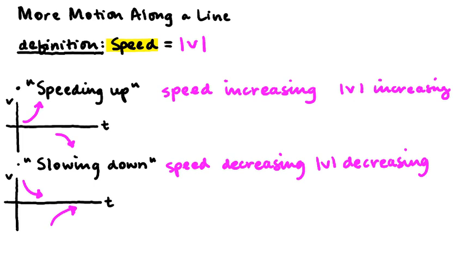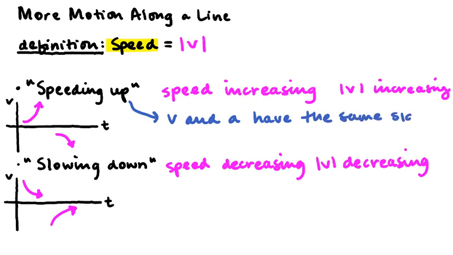Now, what you're going to remember about speeding up and slowing down is that speeding up is that velocity and acceleration have the same sign. And for slowing down, what you're going to remember is that v and a have opposite signs.